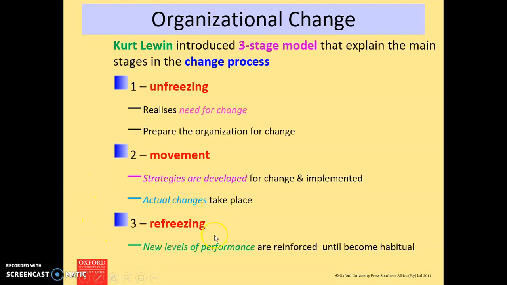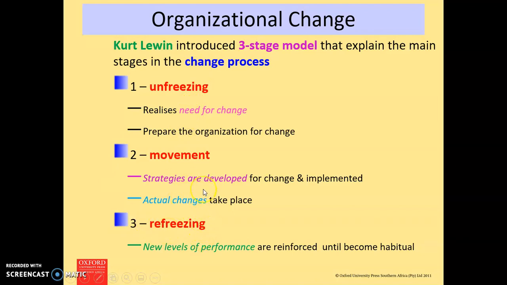So the third and final stage is to ensure that the change you made in the second stage becomes permanent, that it does not go back to the previous stage before the change happened. You have to refreeze the change.